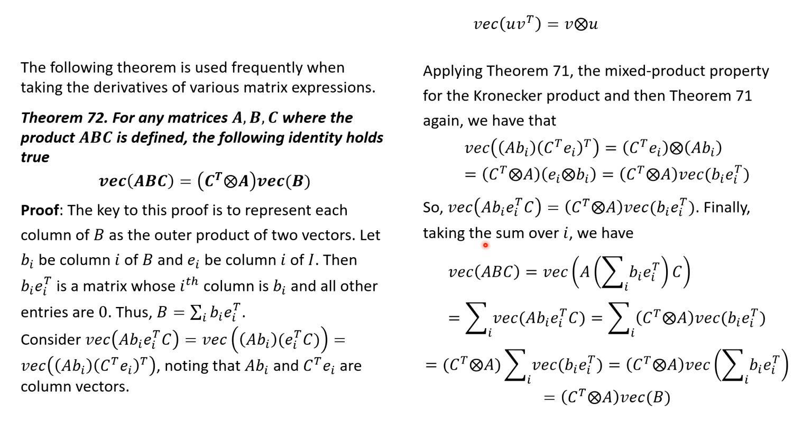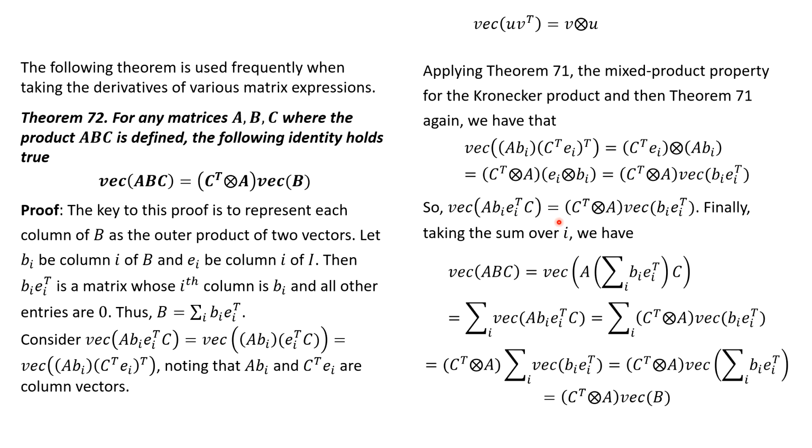Okay, now we're ready to prove this result. So we start with vec ABC, and then we plug in B. Remember, B equals this sum. We plug this in for B. Then we can bring out the summation, and then we get vec of A B sub i E sub i transpose C. And then this equals this, right?